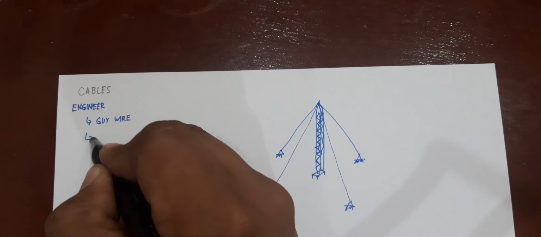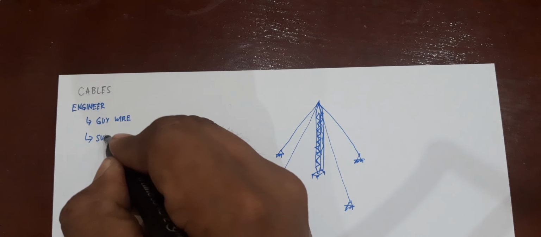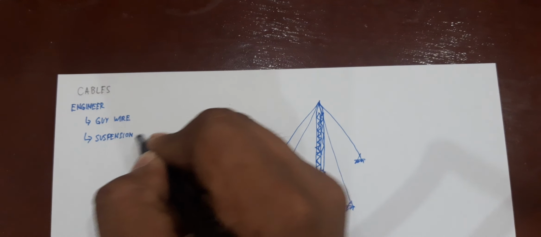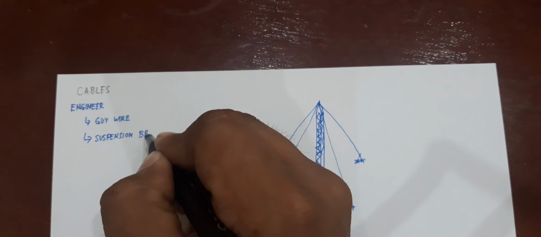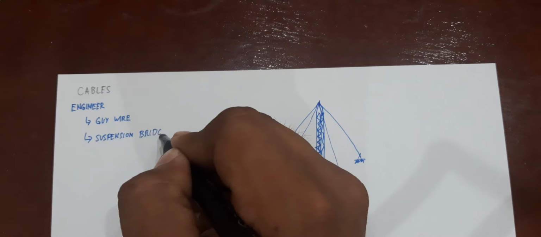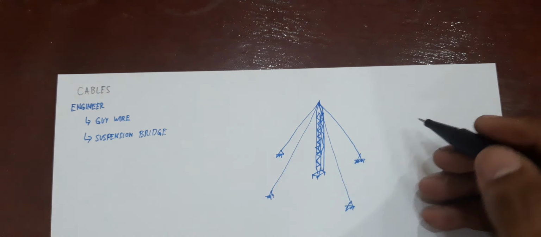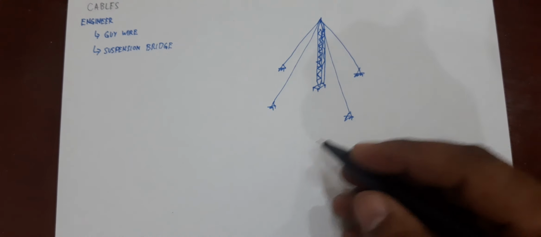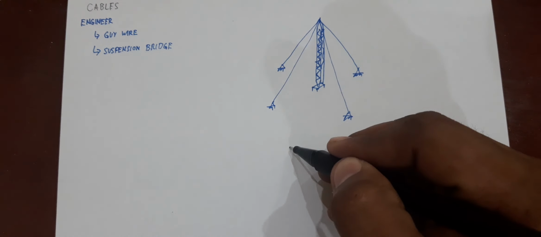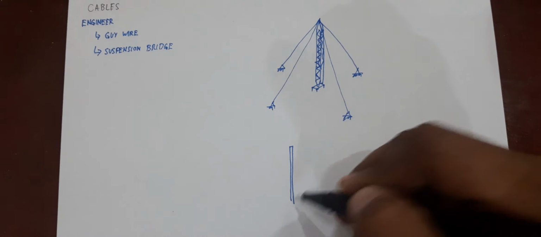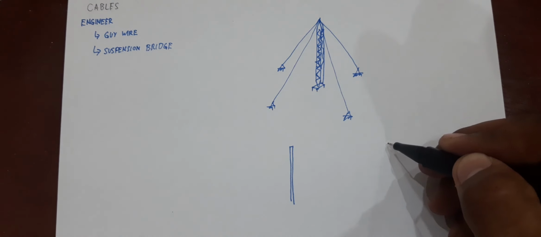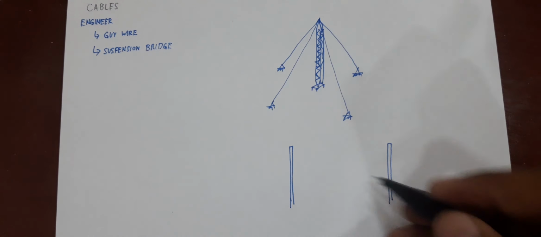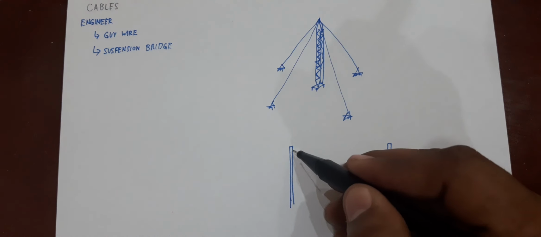Next would be suspension bridges. I think you're very familiar with suspension bridges. Suspension bridges are very long bridges supported by a parabolic cable. Let's say this one is your supporting towers.